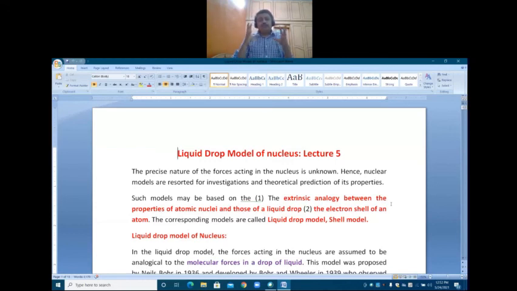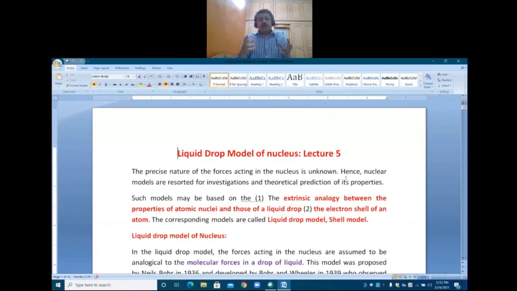Therefore, there must be a strong force to keep all these nucleons inside a nucleus. The precise nature of this force is not known because the nucleus itself is very small, so it cannot be made a direct experimental object. Therefore we have to understand the nature of the force by analogy.